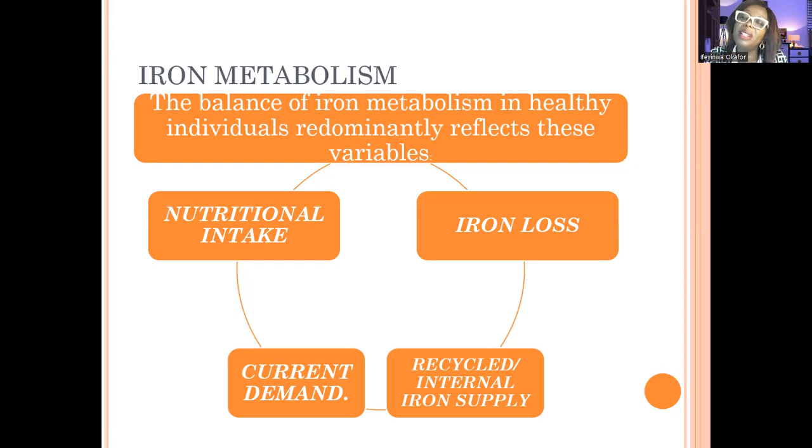The heme part is further broken down to protoporphyrin ring, which goes down to form the bilirubin. And then the iron is released and recycled. That is, the iron part of the heme is reused in the system. It's taken back into the membrane and reused there again.